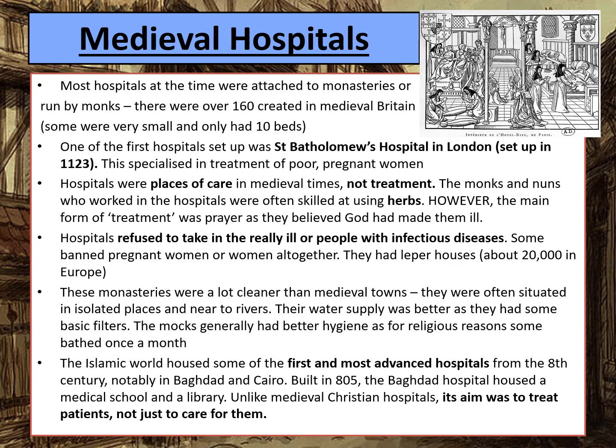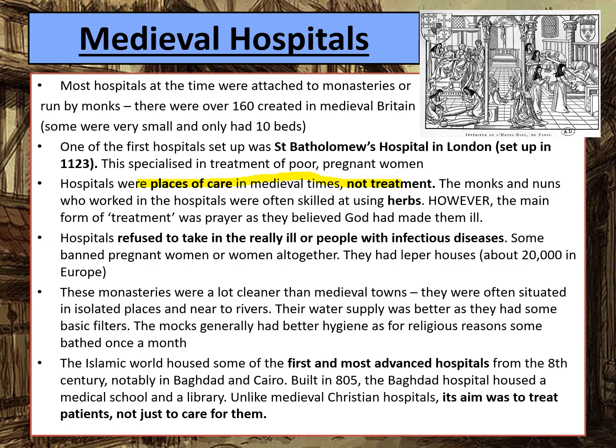Now, what's really important to understand about hospitals in this period is that they are not places of treatment. They were places of care. Remember that for many people, they believed they became ill because God was angry at them for sinning. And therefore, the monks and nuns that are working in these Christian-run hospitals don't want to give them lots of treatments because they believe that the main treatment should be prayer and trying to get God to forgive you.